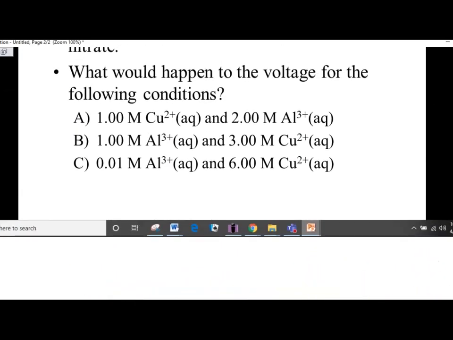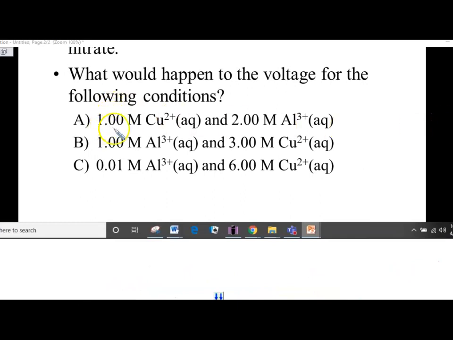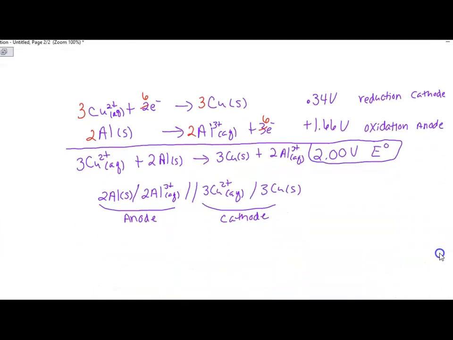So we are going to now change, we're going to do A first. We're going to change the concentration of our solutions. And so if you'll notice, standard conditions is 1 mole over everyone. So not really changing the copper, I'm changing the aluminum. And I'm actually making the aluminum twice the molarity. Okay, so the aluminum ion is going to be twice. Now, I'm going to get that cell notation out of there just for space.